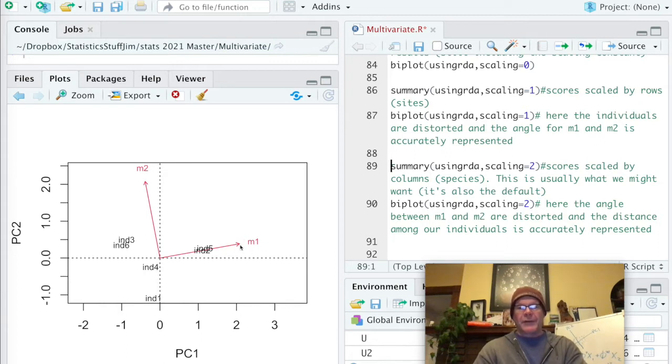And you'll notice it says M1 here and it says M2 there.